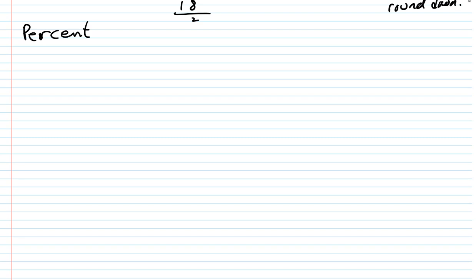Okay. Now 1% means 1 per 100 or 1/100ths. Let me just put the word percent means per 100. That's the literal meaning of it. Now the percent symbol is the symbol we use. 1% represents 1 over 100, which as a decimal is 0.01.